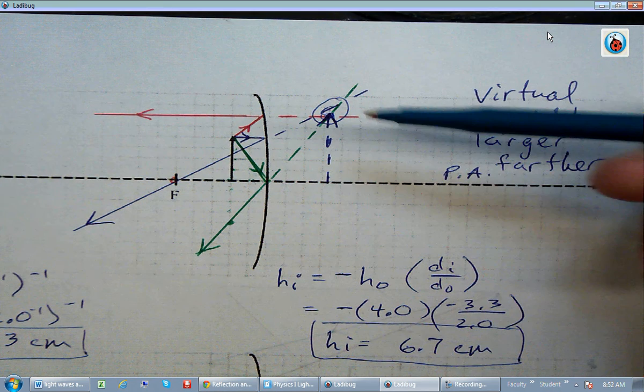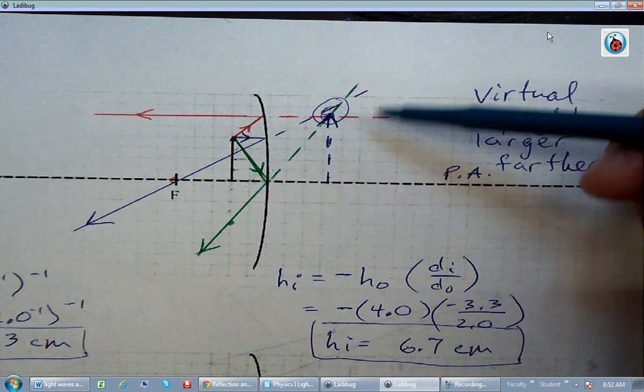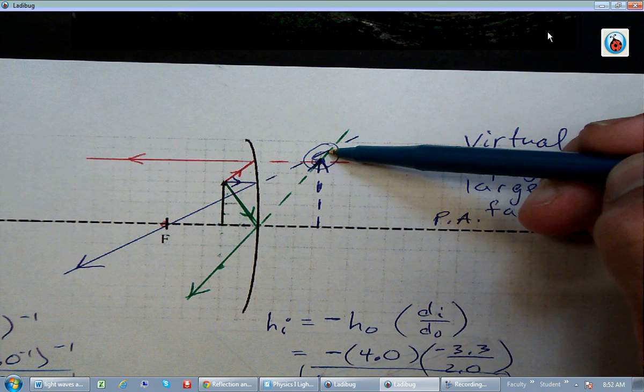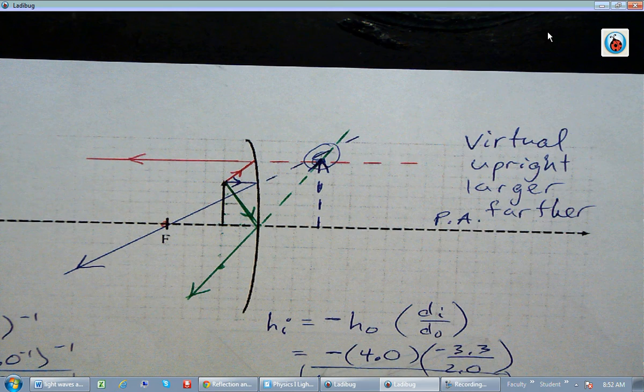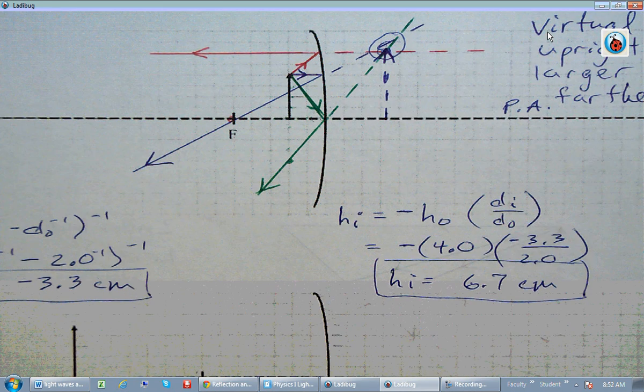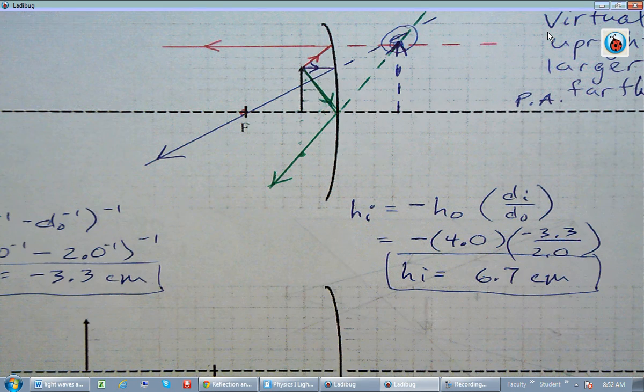I knew this one was a little bit off because if I'd have drawn this more accurately, it would have been a little higher here and a little bit further away. But again, as long as you're close on your diagram, it'll be consistent. All right. So there is a full description of how we do both the diagram and the math when the object is closer to the concave mirror than the focal point.